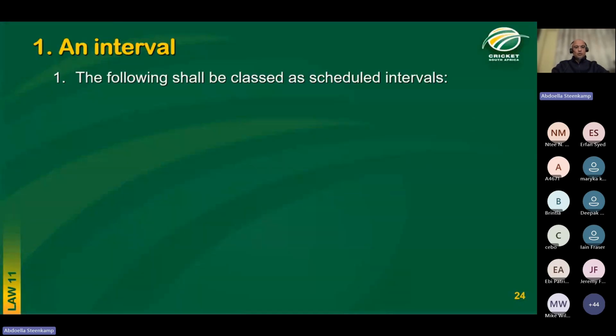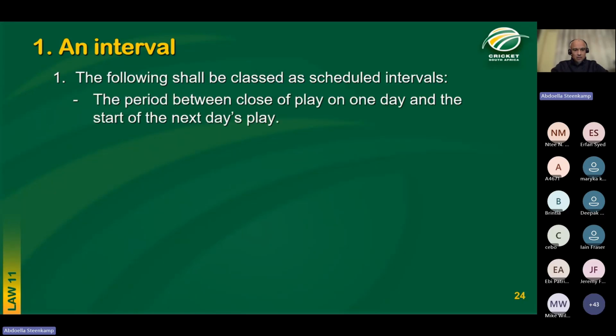When it comes to an interval, the following are classified according to the laws as scheduled intervals. The period between close of play on one day and the start of the next day's play. Let's say close of play is 5 o'clock on day 1, and play will start at 10 o'clock on day 2.